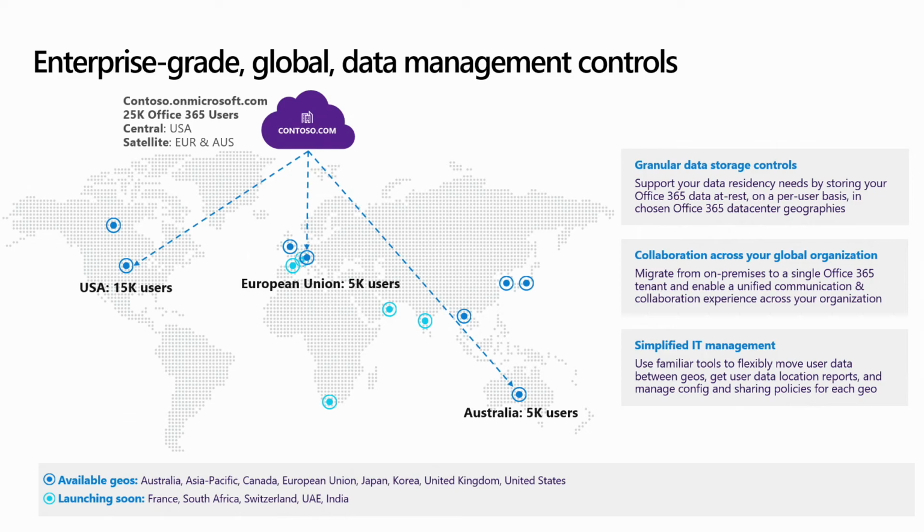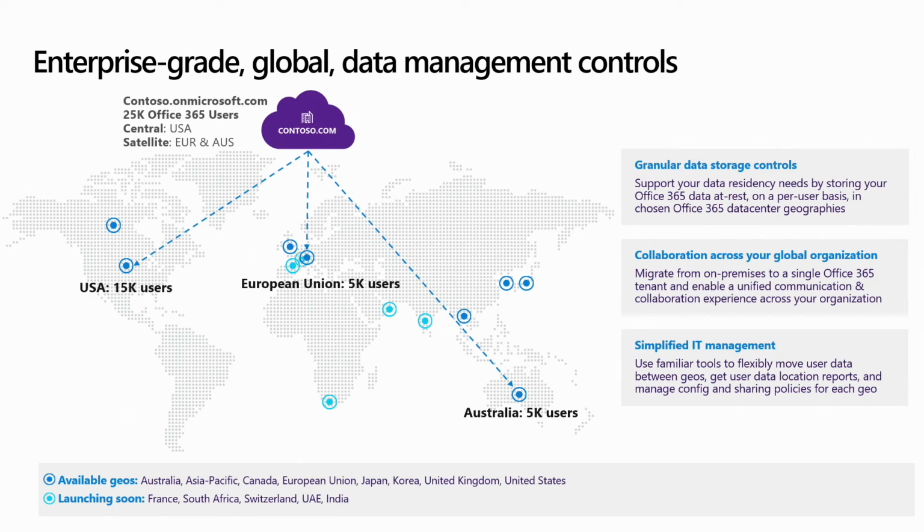Which really drives the 3 value props for Multi-Geo. The fact that organizations get granular data storage controls: you control where each user's Office 365 data for Exchange Online and OneDrive for Business is stored at rest. The second feature is collaboration across your global organization. The fact that all of your users are now a part of the single Office 365 tenant means that your collaboration experience becomes very native in Office 365.